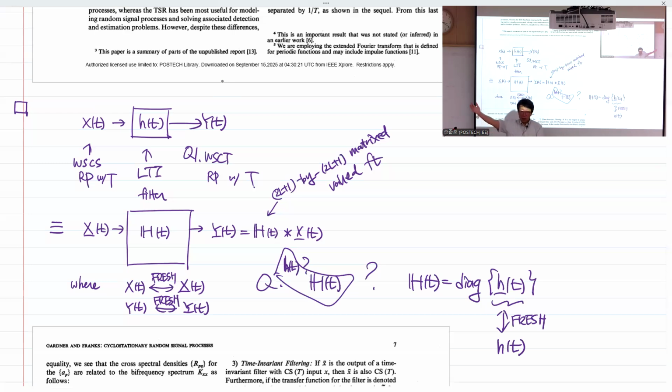However, you can put it to the fresh vectorizer to vectorize this signal. And you have 2L plus 1 length vector valued function. Now you put each entry in the diagonal entries of this matrix. Then you have this result.